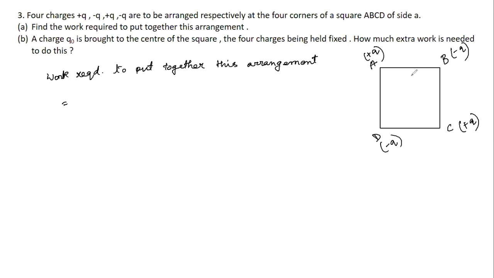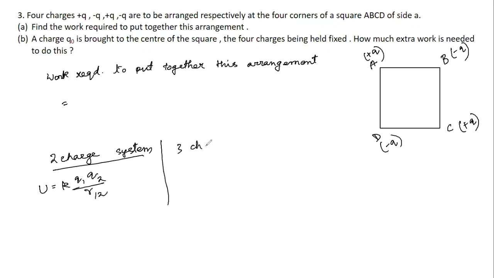If you're having a two charge system, then you will have only one pair, and you will have only one expression. That means K Q1 Q2 by R12 for a two charge system. Your expression for potential energy was something like this: K Q1 Q2 by R12.